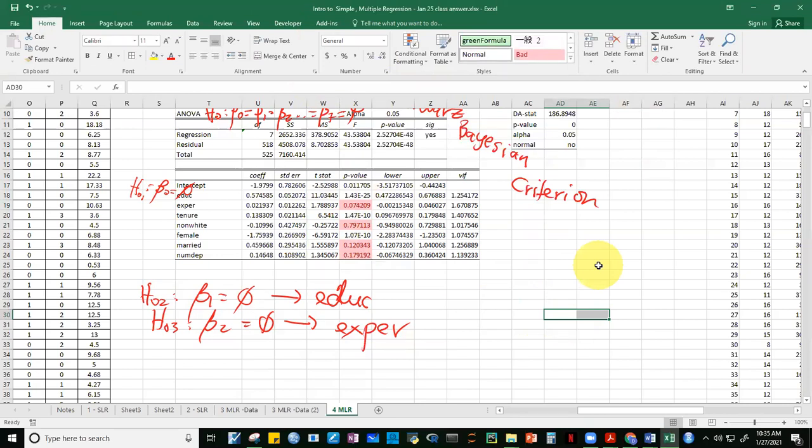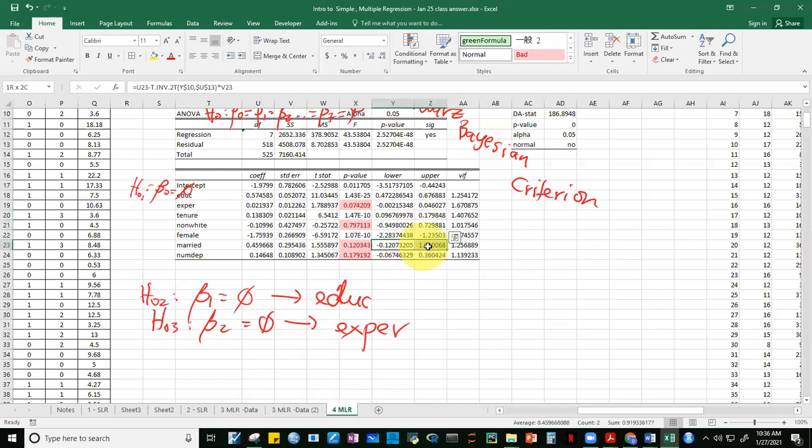Sino dito yung mga greater than 0.05? Yan, yung mga naka-red dito, no? Si experience, si non-white, si married, si number of dependents. Okay, ibig sabihin yan, guys, hindi sila significant. They're not significant. In fact, if you take a look at the upper and lower confidence interval, sabi natin, di ba, tatamaan 0.